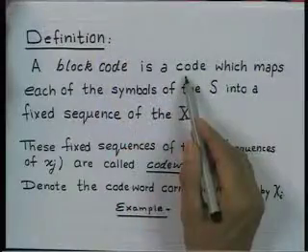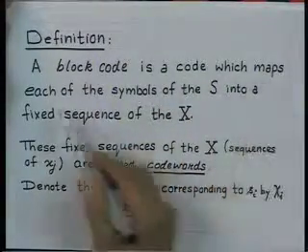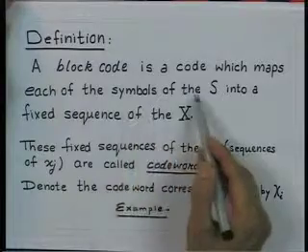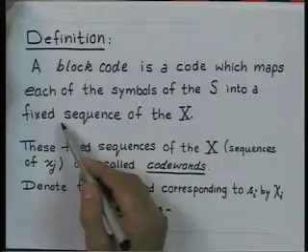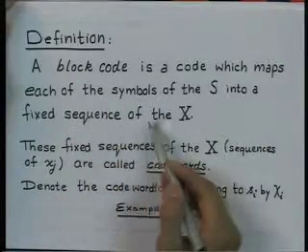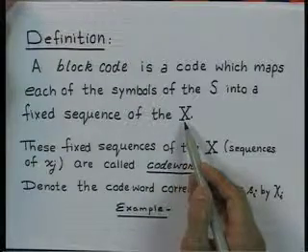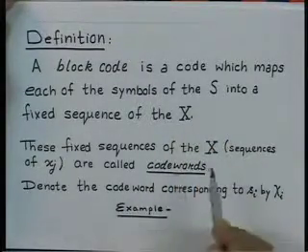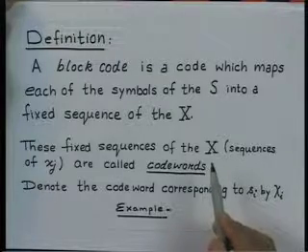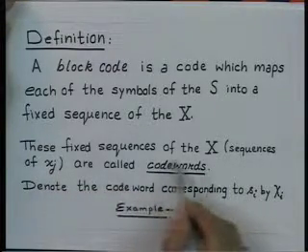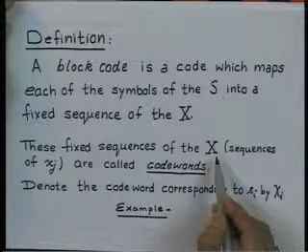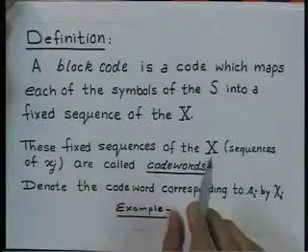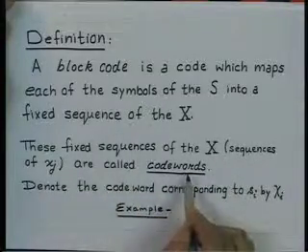A block code by definition is a code which maps each of the symbols of the source alphabet denoted by S into a fixed sequence of the code symbols from the code alphabet X. These fixed sequences of the code alphabet X, that is sequences of Xj, are called code words.